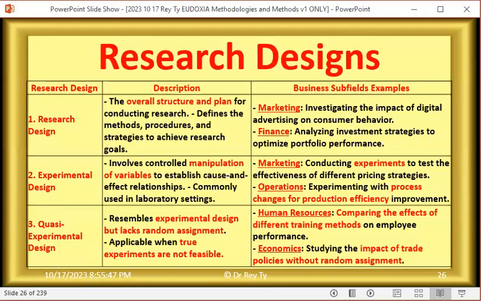Okay? And then in operations research, you experiment with changes in processes in the factory to see if you remove one person or add one person in the assembly line, will the production go faster or not?